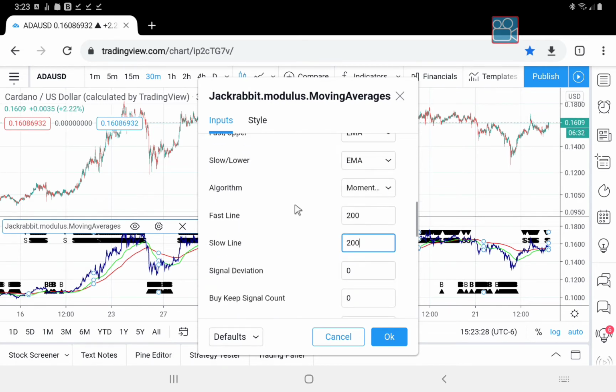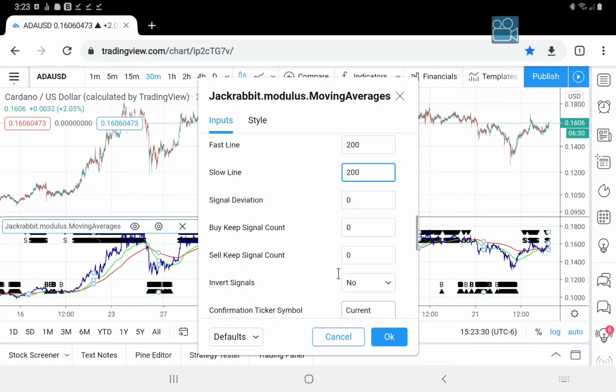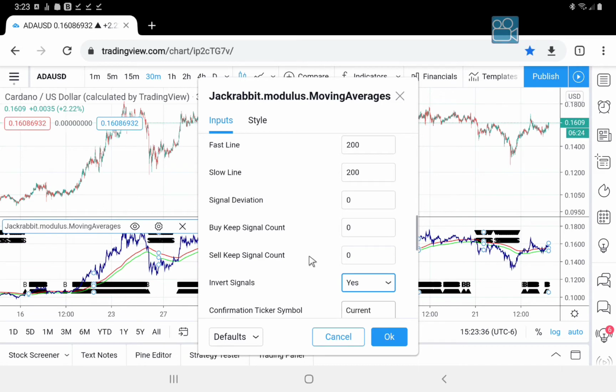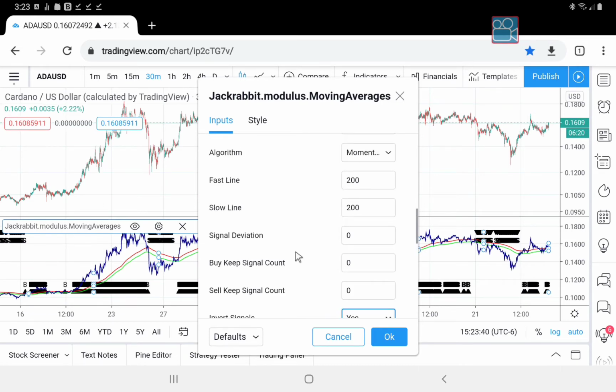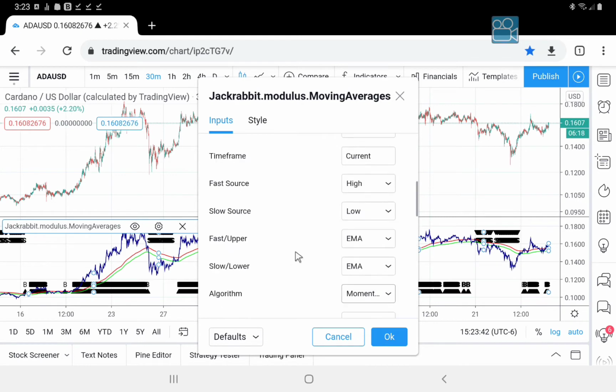Pretty straightforward, pretty easy. Not over the top, but I do want inverted signals. This is what you need to follow a trend. So pretty simple, straightforward, easy to use.